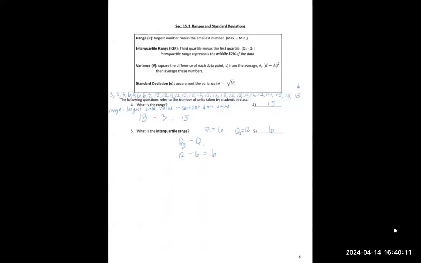They say to find the standard deviation, we have to first find the variance: you find the difference of each data point from the mean, or the average, and square it, and then you take the mean of all those numbers, and then we take one more step and take the square root to find the standard deviation. So let's see how that looks.